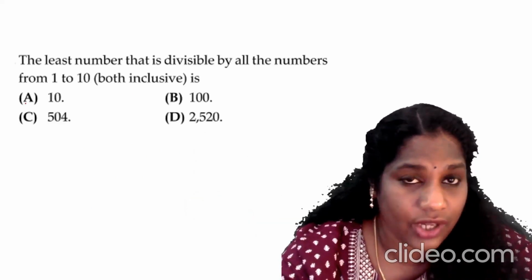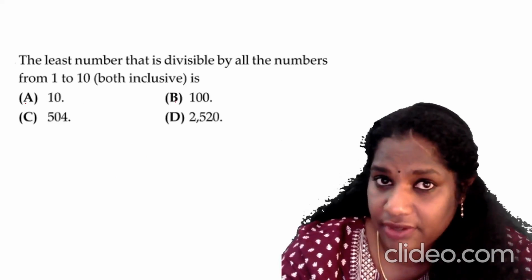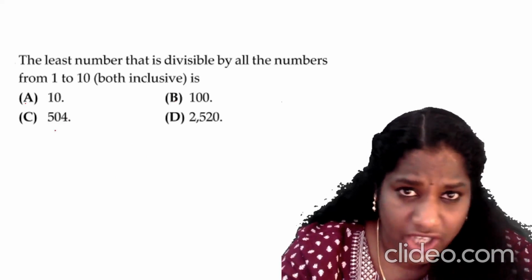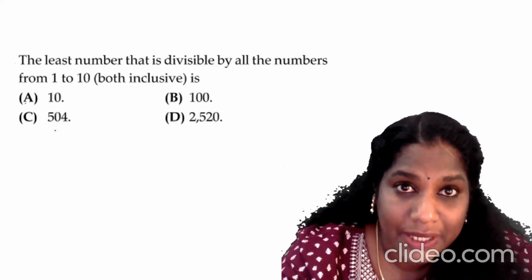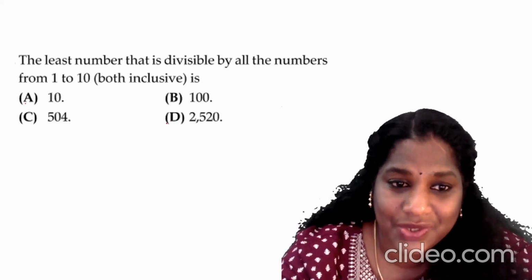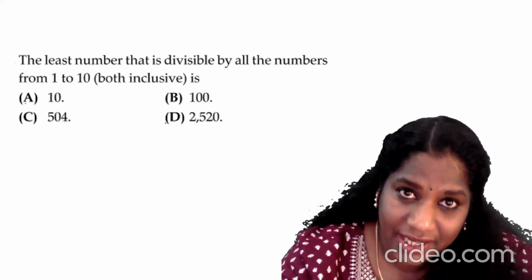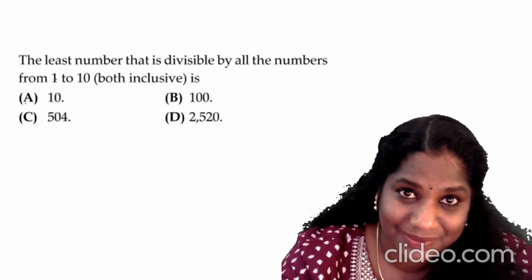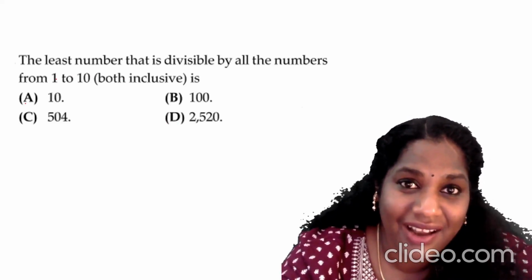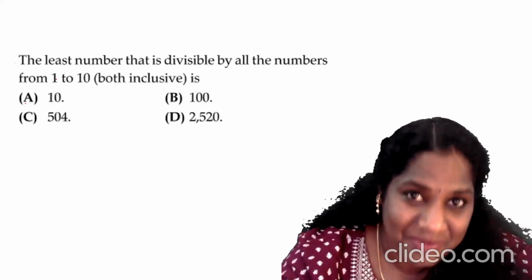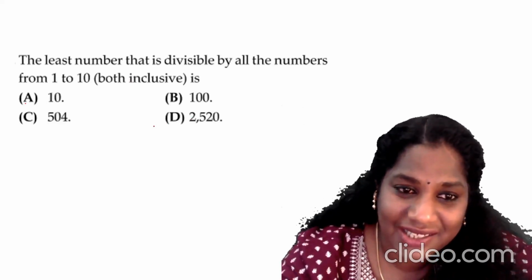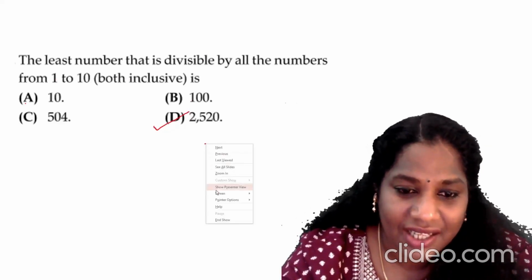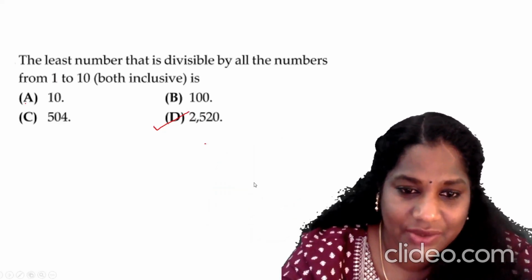See, 10 you cannot divide by all numbers. 100 you cannot divide by all numbers. 504, check it, you cannot divide, because 2520 is the only number in maths which can be divided by all the numbers from 1 to 10, and it was discovered by our great mathematician Mr. Ramanujam. So that is 2520. Perfect. Now let's go to the next question.